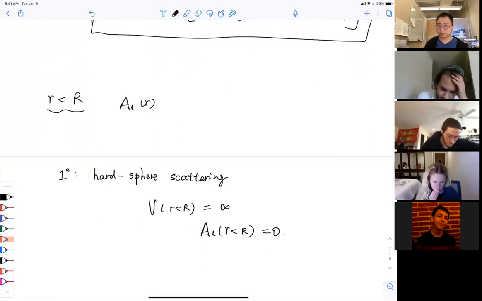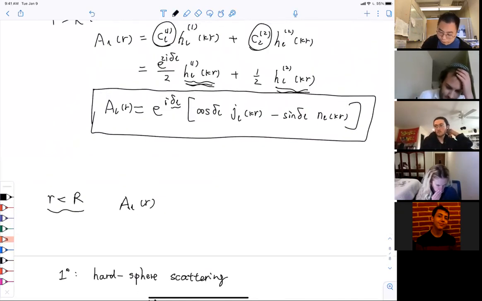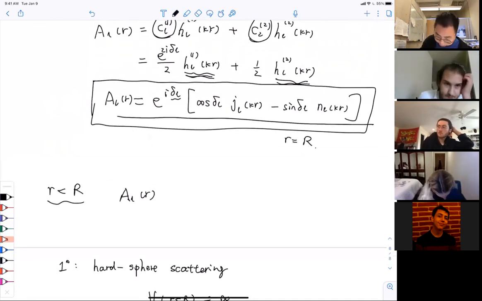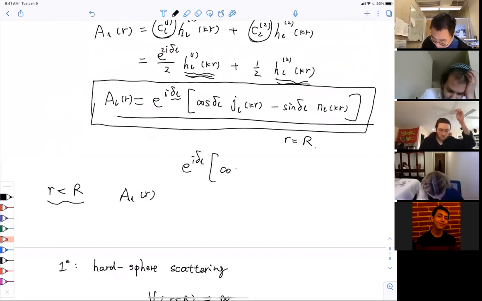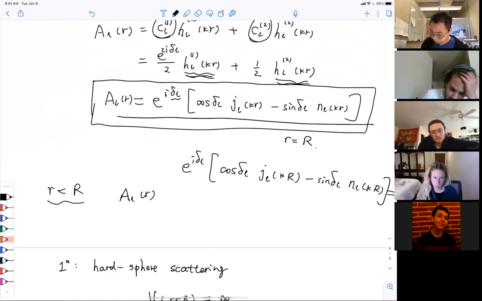Because the potential is infinity, so the wave function is 0. Meaning that we only need to match the boundary condition at R equal to capital R. This tells us, cosine delta L, JL(K capital R) minus sine delta L, NL(K capital R) equal to 0.